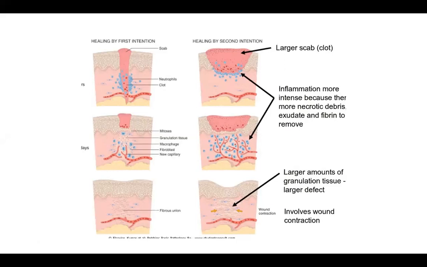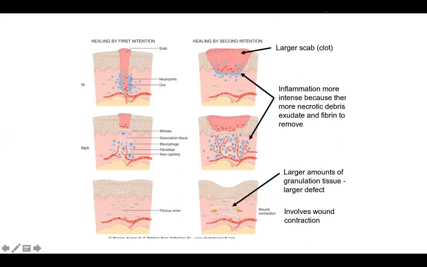Ipi inamdominate mwenzake? During primary wound healing inayodominate ni regeneration. Kwa hiyo kovu linakuwa ni kovu dogo. Lakini sasa during secondary wound healing kitu kinachodominate ni ile scar formation.